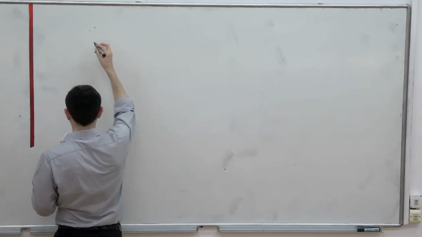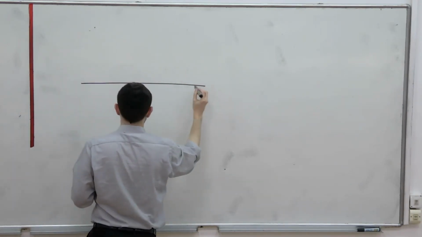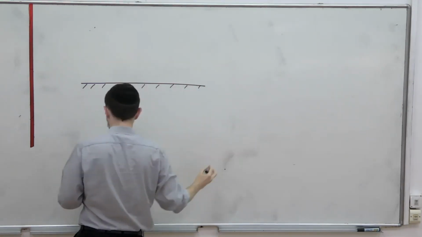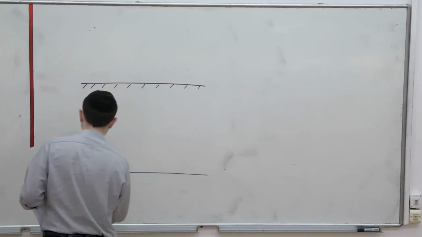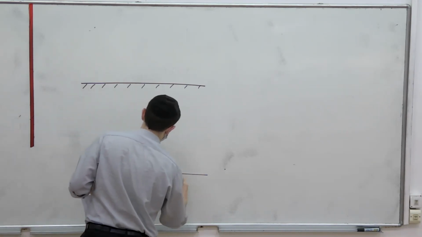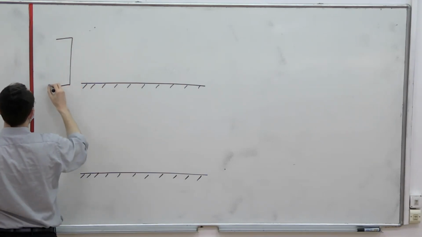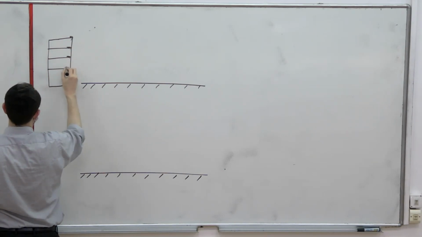So we'll try to draw it reasonably large. So we have our wall, and we'll draw a second wall at a time. So for our t less than 0, here we have our uniform velocity.